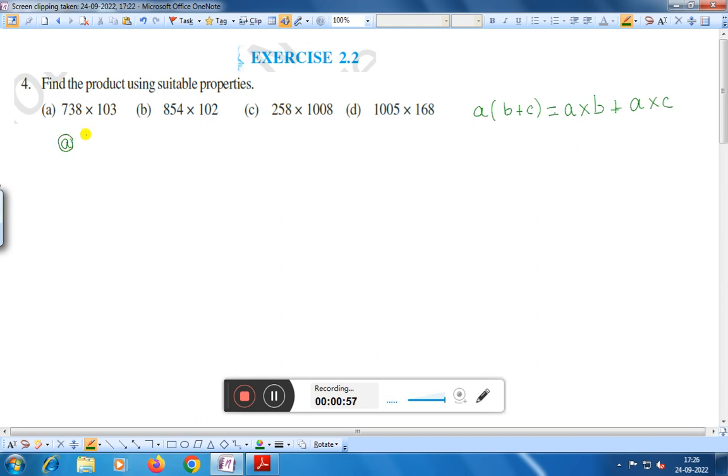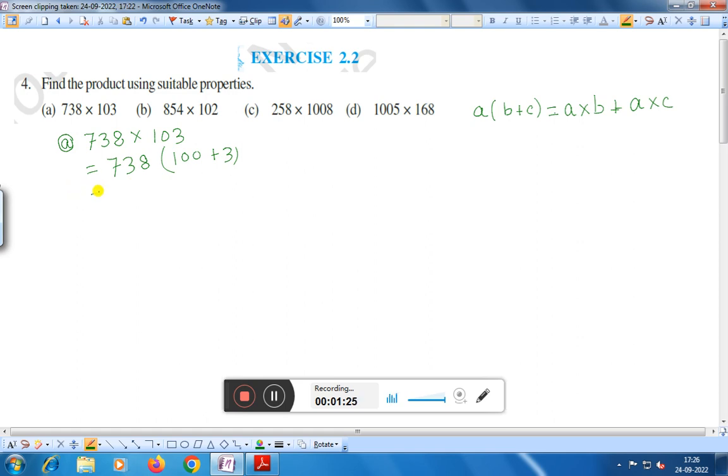Question number A is 738 into 103. Now we can write it like this: 738, in bracket we can write 100 plus 3, right?